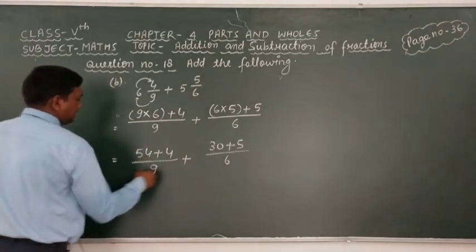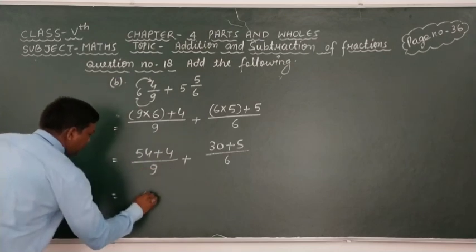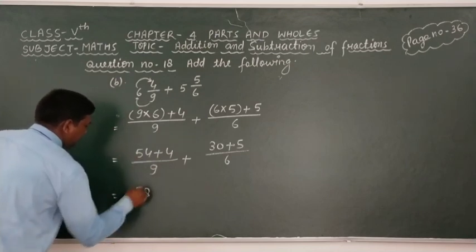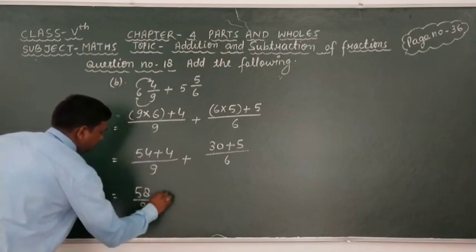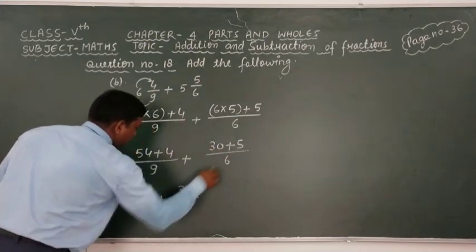After adding these we get 4 plus 4 is 8 and 5 over 9 plus 30 plus 5 is 35 over 6.